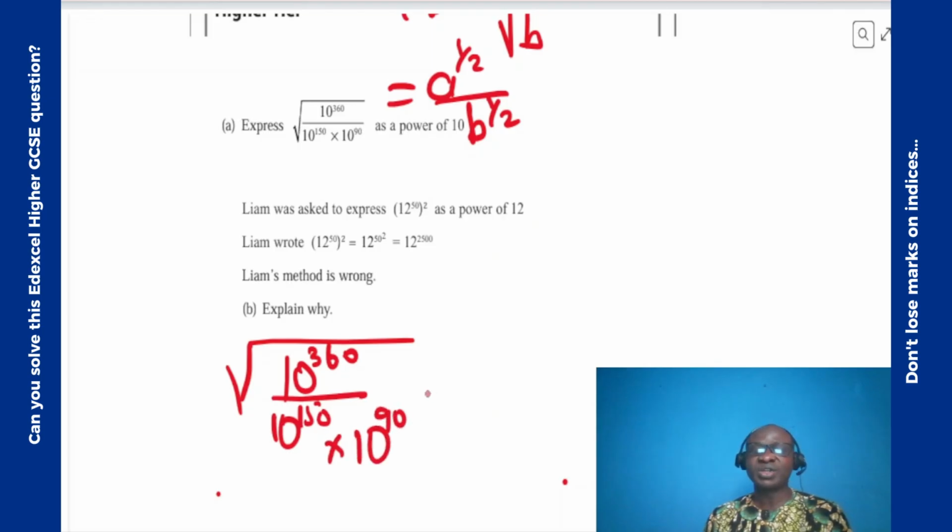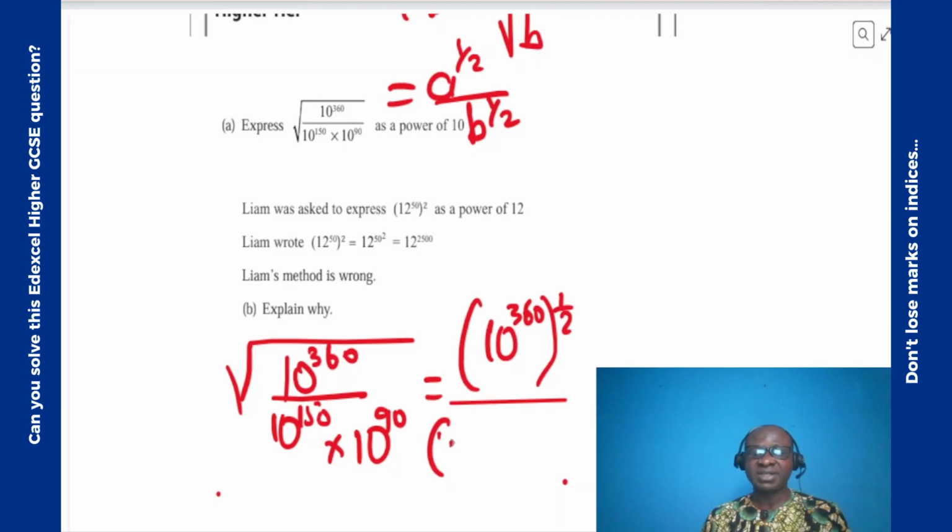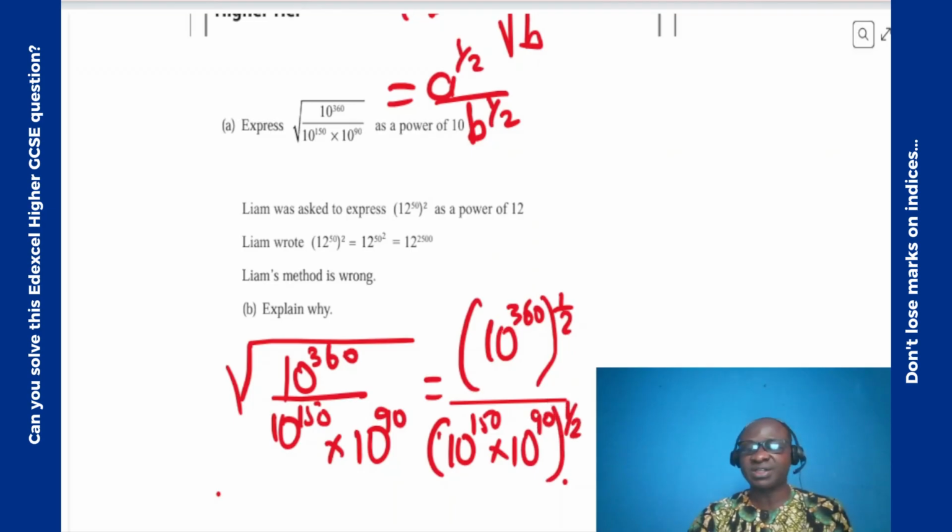So this can now be written as, I put it in brackets, 10 to the power of 360, then everything raised to power half, divided by, in brackets, 10 to the power of 150 multiplied by 10 to the power of 90, everything also raised to power half. This is correct, okay? We now simplify it further.